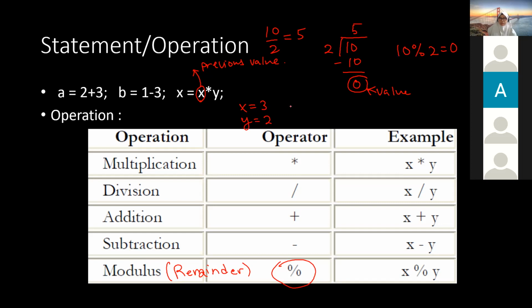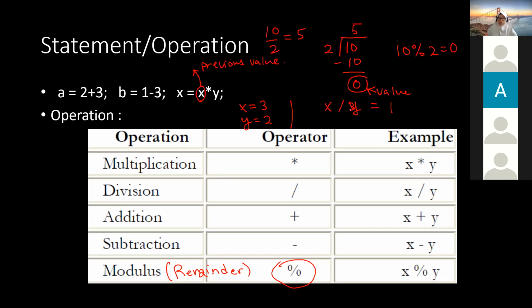Okay, and then I say X divided by Y. 3 divided by 2, that is going to be 1. Why do I say 1? Because this one is integer. Integer is like a floor function. Remind me if I went over the time.